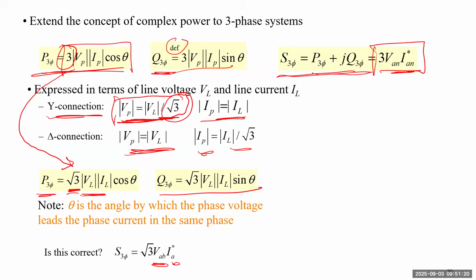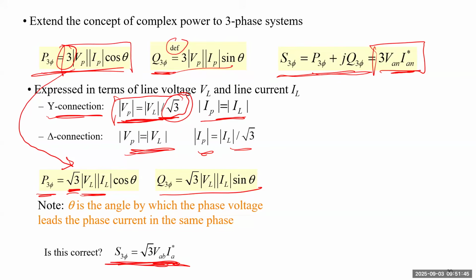Because you know the voltage phasor and the current phasor, is it correct to use this formula to calculate complex power? VAB is the line voltage between A and B, which you can get directly from the measurement device, and IA is the current phasor you measure directly on line A.